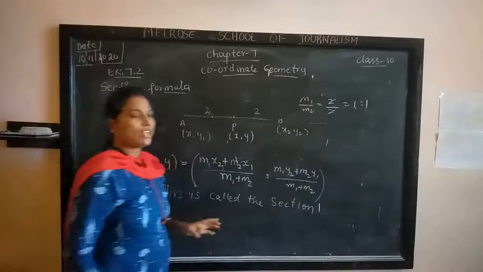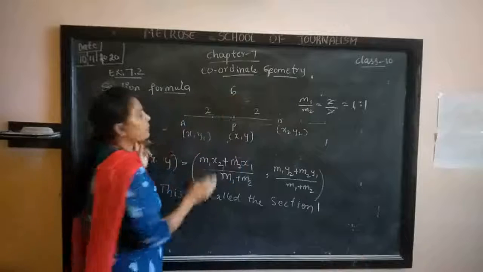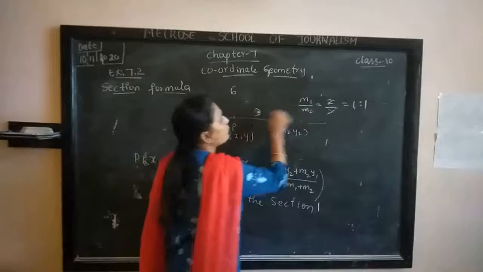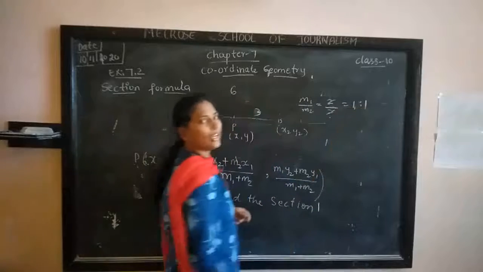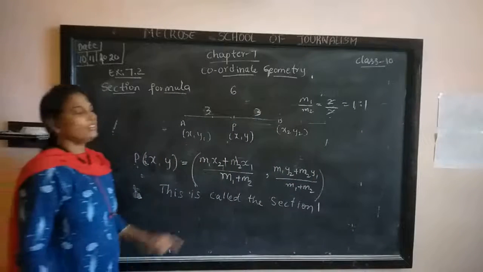2 by 2 means 1 is to 1. Midpoint means, if you take this length as 6 centimeters, each half is 3, and 3 by 3 also gives 1 is to 1.